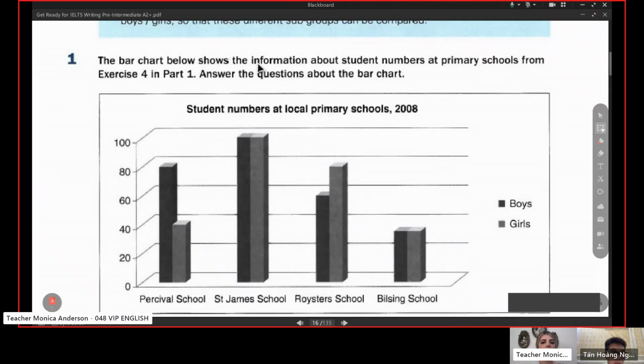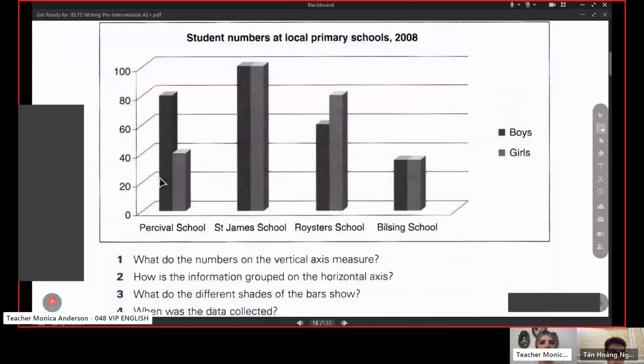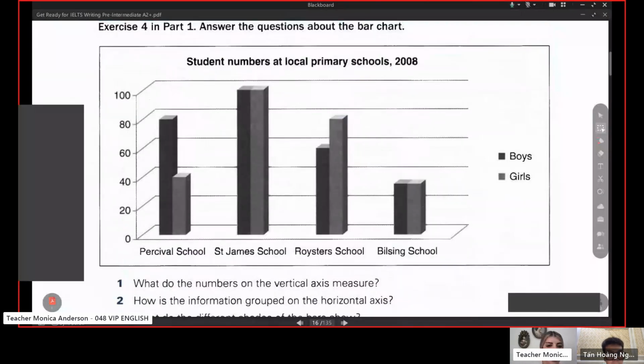This chart is a bar chart. As you can see, we have a title here: Student Numbers at Local Primary School 2008. So this is the title of the chart. We can divide this chart into some columns, and these can be column titles.